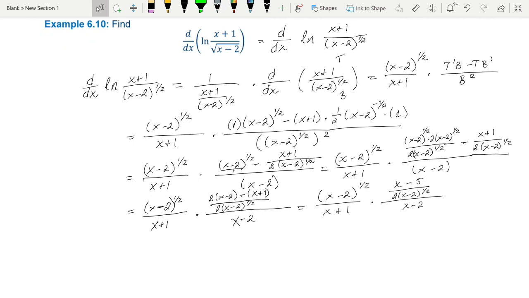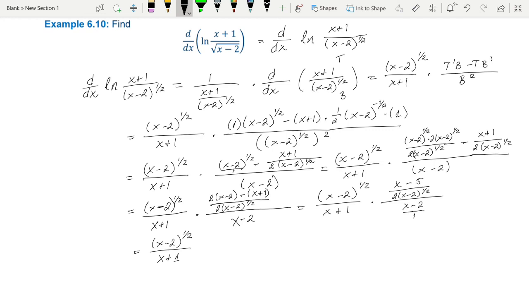I have a double fraction again. How do I take care of that? Well, let's first copy the first part, nothing that's being carried over from one step to the next, and then times.